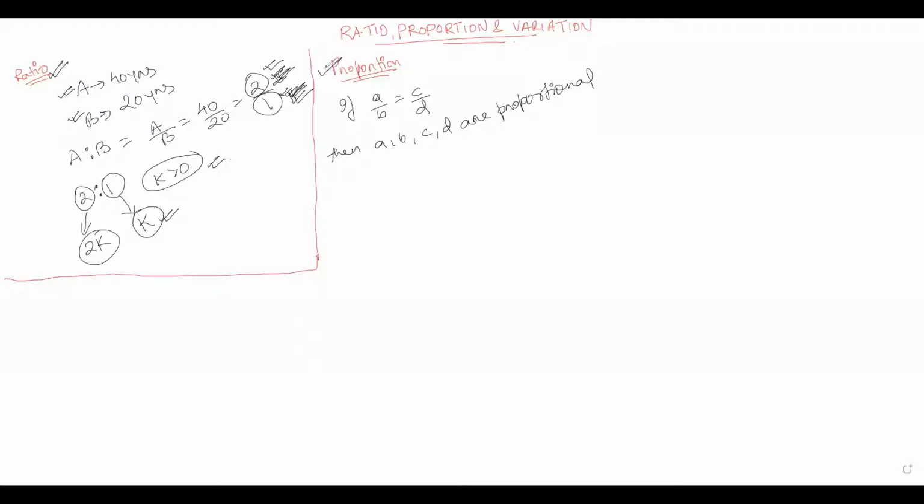Okay, so now let us see proportion. When two ratios are equal, then the four quantities involved in these two ratios are said to be proportional. That is, if A by B is equal to C by D, then A, B, C, D are said to be proportional. Generally, we write it as A colon B double colon C colon D, which indicates that A, B, C, D are proportional.